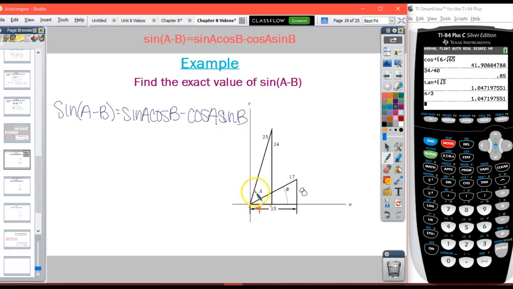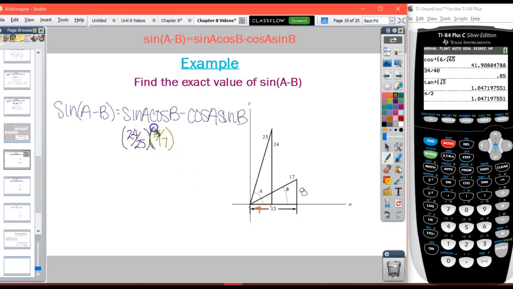And so looking at my angle A, the sine ratio at that location would be opposite over hypotenuse, which is 24 over 25. The cosine, here's the triangle with angle B, the adjacent is 15, and the hypotenuse is 17.